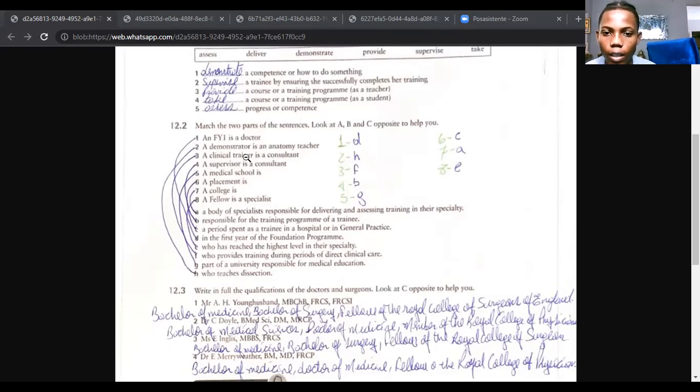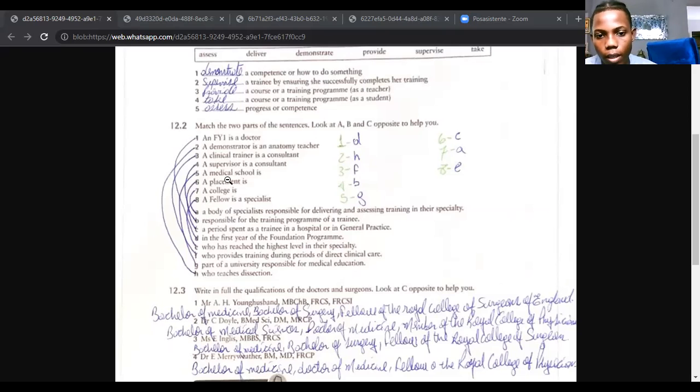Un entrenador clínico es un consultante, F, que provee entrenamiento durante periodos de cuidado clínico directo. Cuatro, B. Un supervisor es un consultante responsable del programa de entrenamiento de alguien que se va a entrenar.